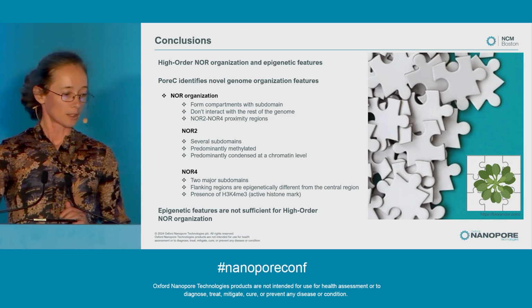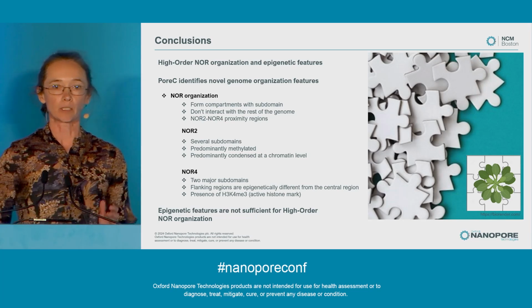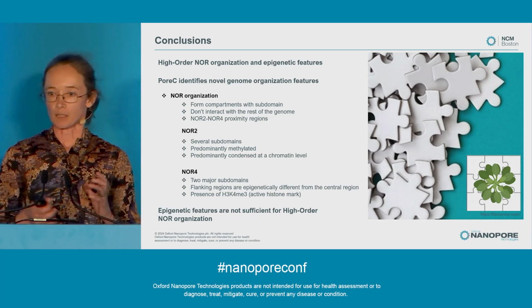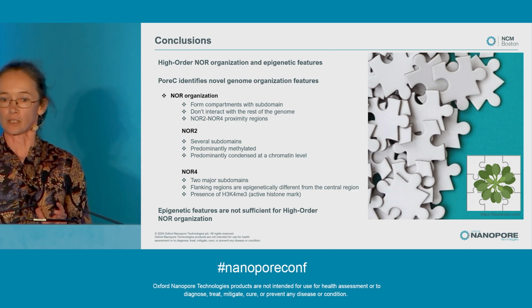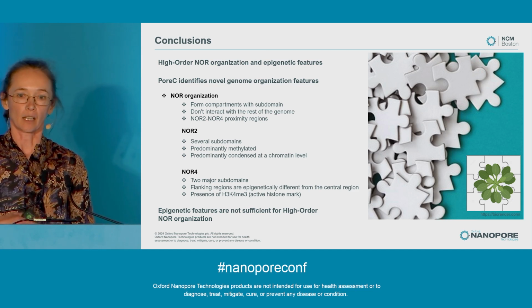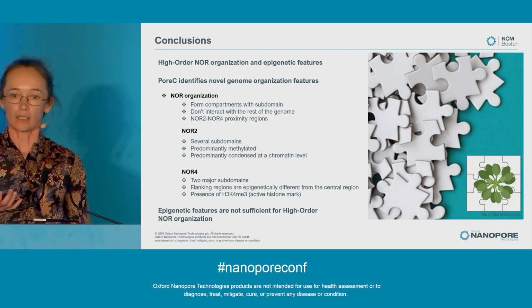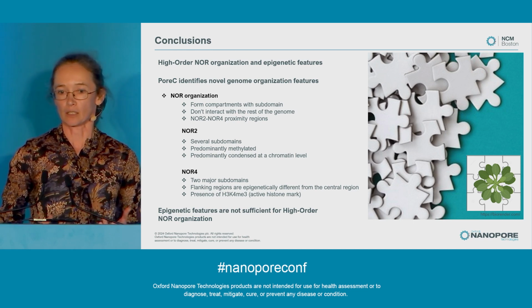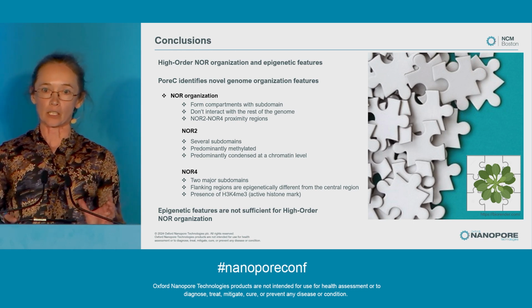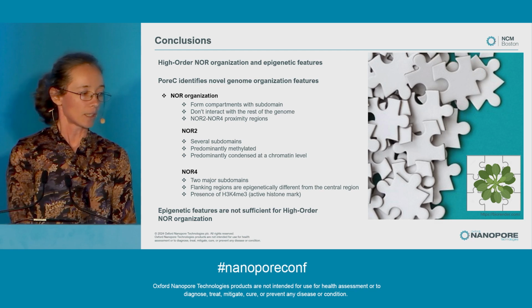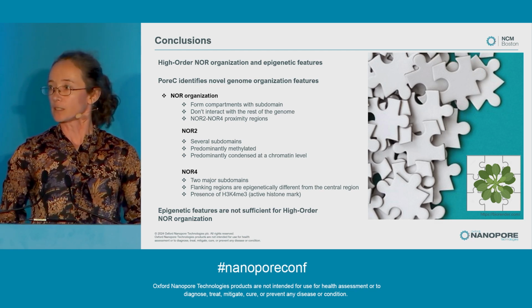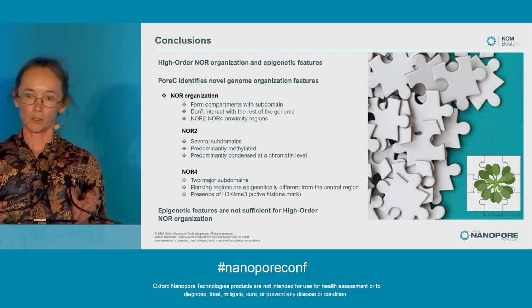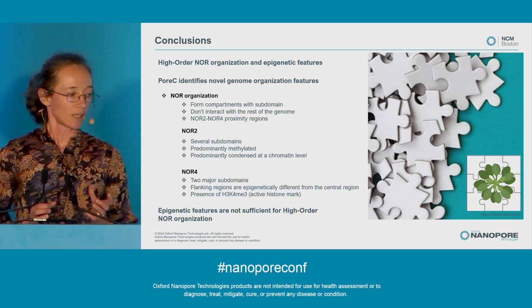So in conclusion, I would just like to say how important it was to be able to assemble both NOR regions within Arabidopsis, because it opened up opportunities to study the activity of individual ribosomal RNA genes and also the three-dimensional organization of NOR regions. We found that NORs do not interact with the rest of the genome, but possibly interact with each other.